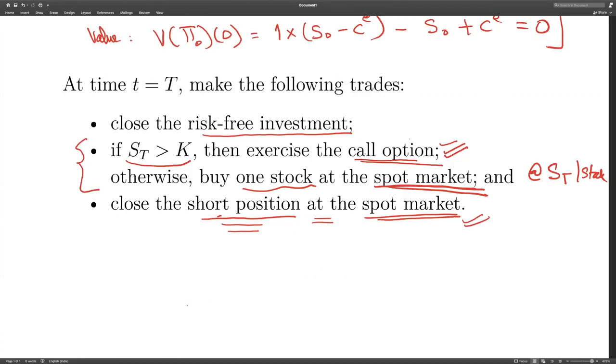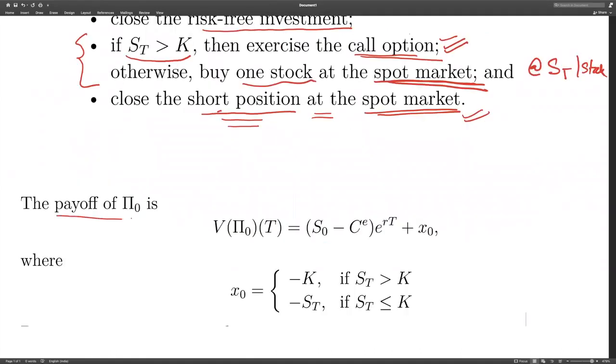So by doing all this, let us see what you have in your hand as the payoff of the portfolio pi naught at t equal to capital T. The payoff is nothing but the money that you obtained from your savings account, plus, if you executed your call option, you would have paid the strike price and got the stock, or else you would have paid the current market price in the spot market to get that stock in order to close your short position in the spot market.